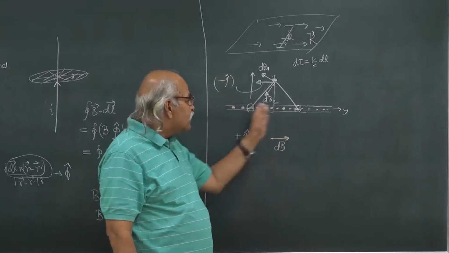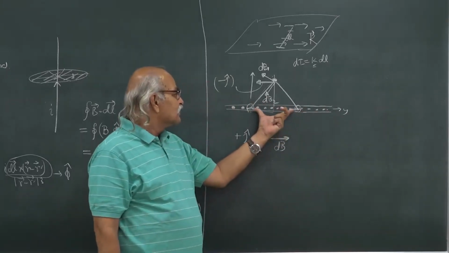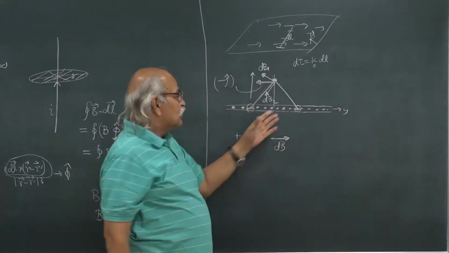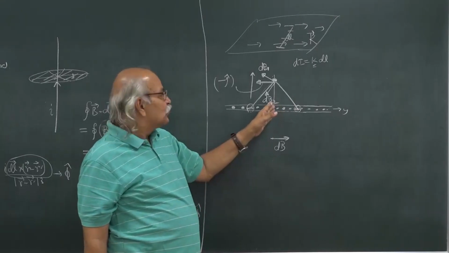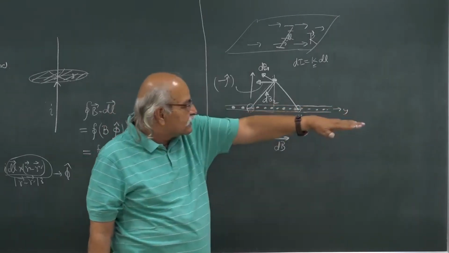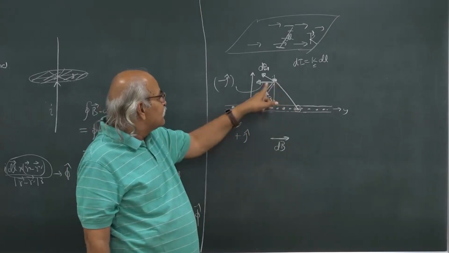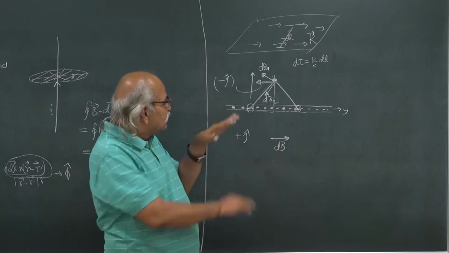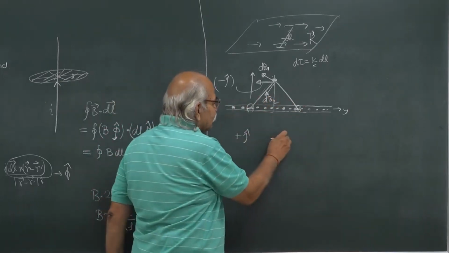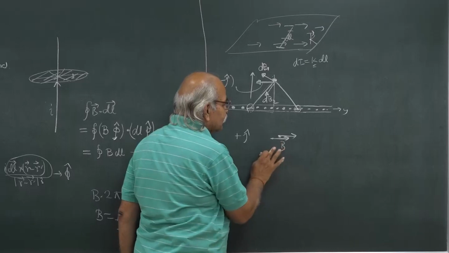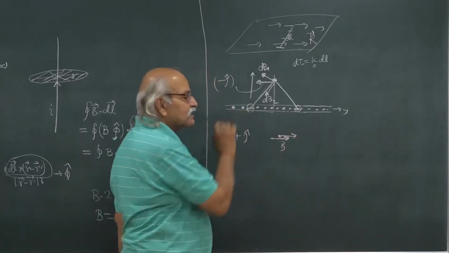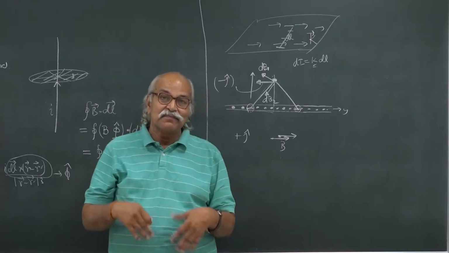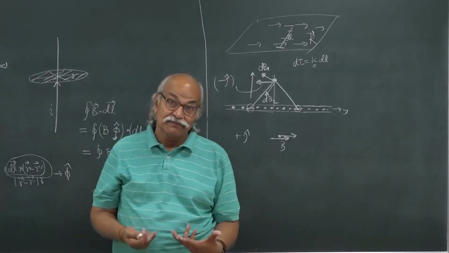But this entire current can be divided into such pairs, equidistant from this point. So, because of the entire surface current also, the magnetic field here is in the minus j cap direction, and similarly below, combining everything, the final magnetic field is in the plus j cap direction. This much we should know before we can apply Ampere's law in integral form.